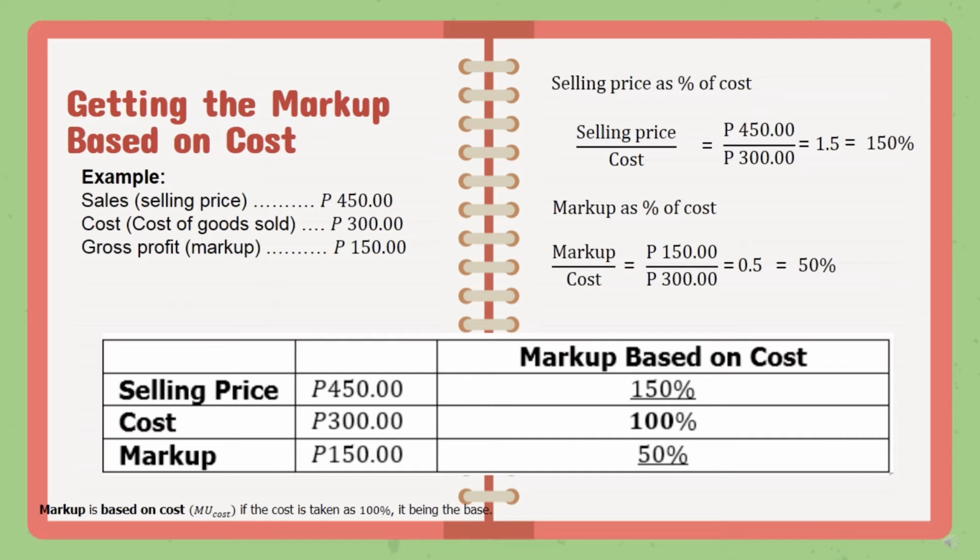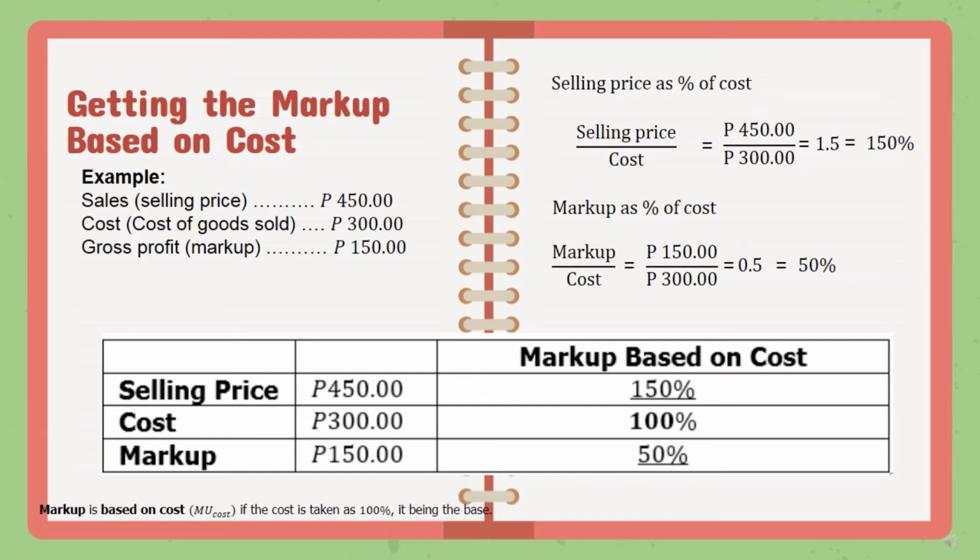In this example, we have a selling price of 450. As part of your selling price, you have your cost and markup. Cost is equal to 300 pesos, while your gross profit or markup is 150 pesos. Now, paano ba natin isosolve si selling price as percentage of your cost?